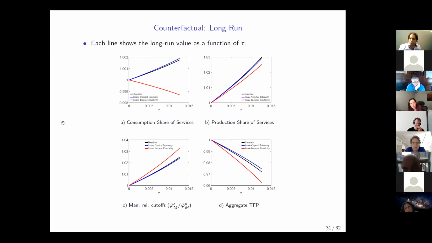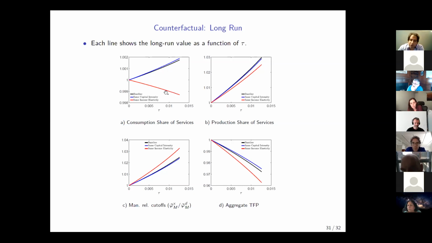Now, in terms of the long run, we can do exactly the same. And here is the same tau graph, but now we're doing it for the two counterfactual economies. The message is very similar. The red line is the one that is more different than the baseline line, saying that shutting down the heterogeneous expenditure elasticities makes a lot of the difference.